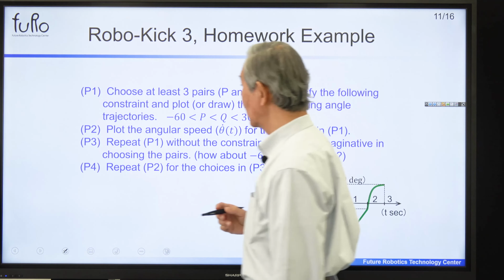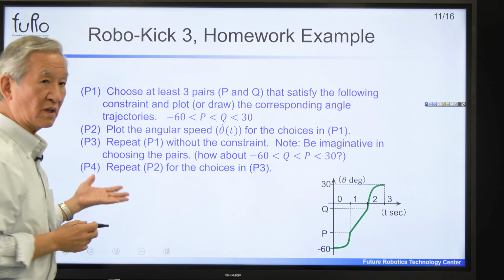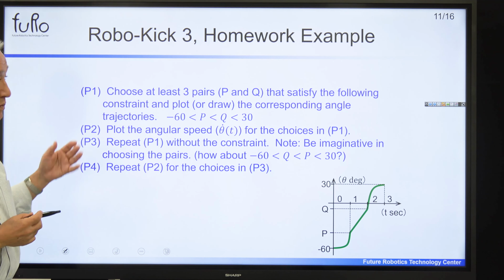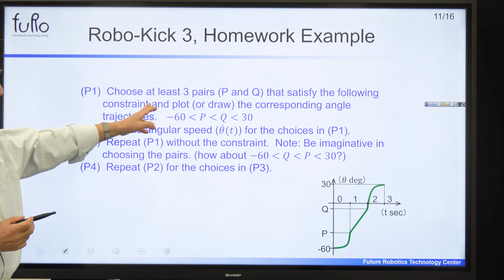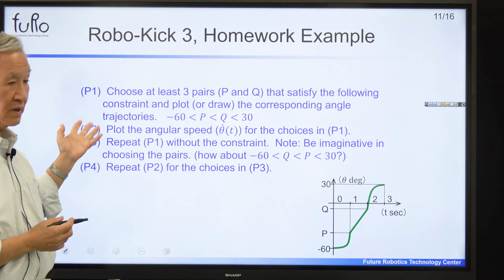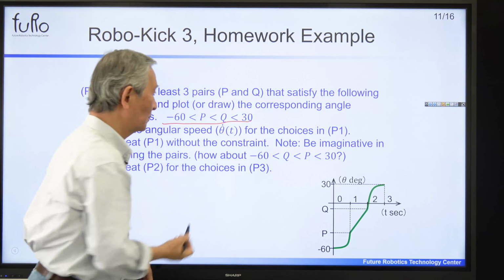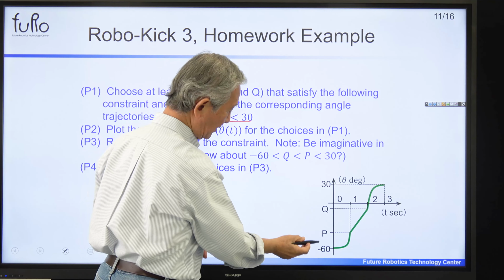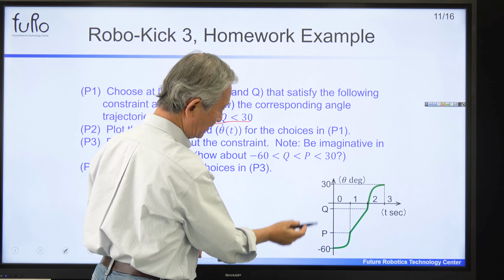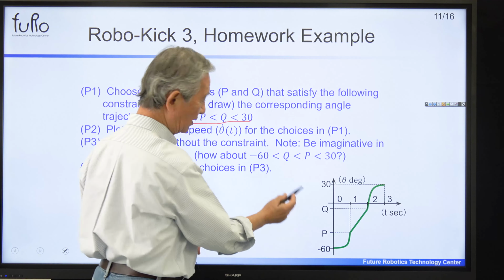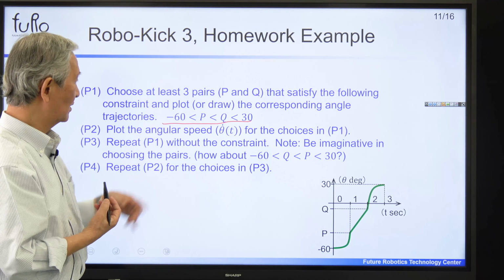Okay. So this is the type of homework I will give you. This is an example. So here, choose at least 3 pairs of P's and Q's and plot them where this constraint is satisfied. Well, obviously, P's and Q's are within minus 60 to 30, and P is smaller than Q. That's what it says.